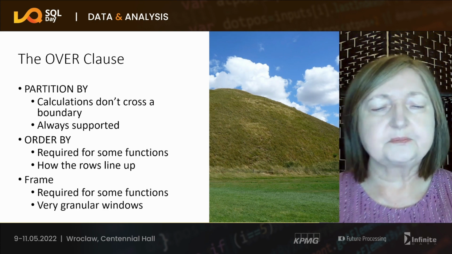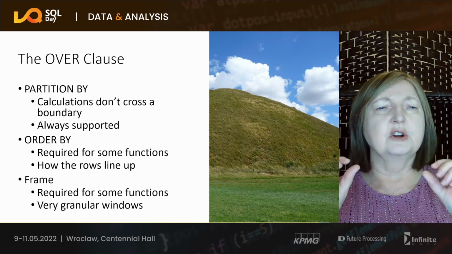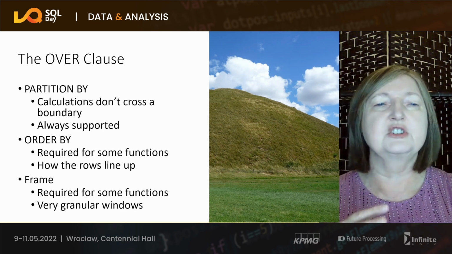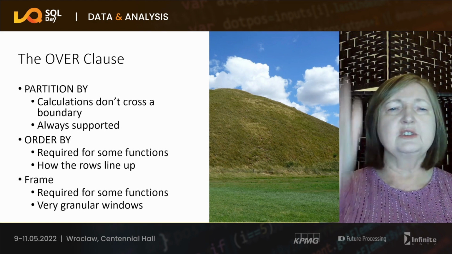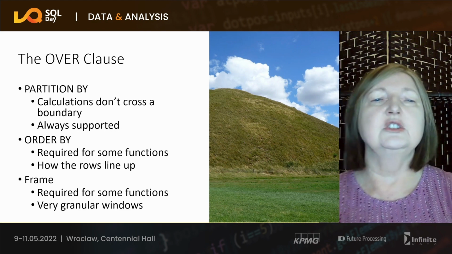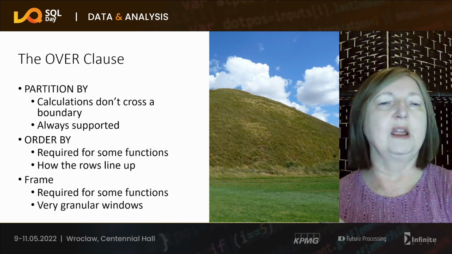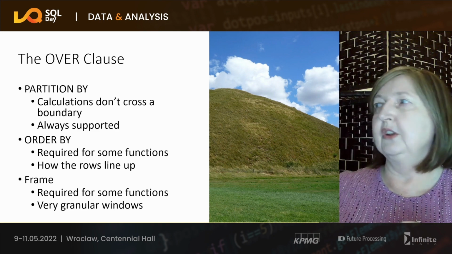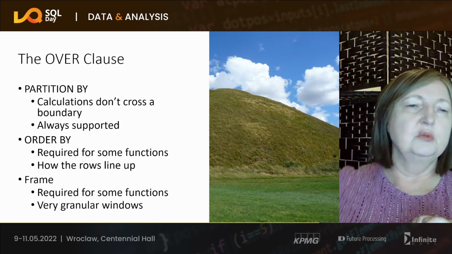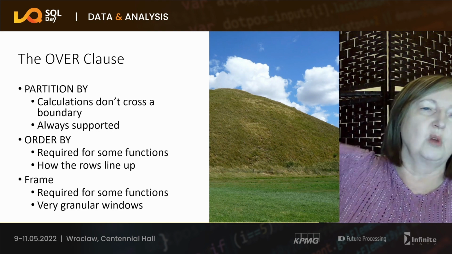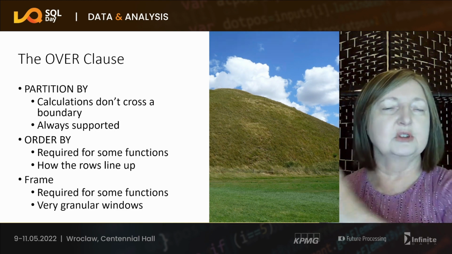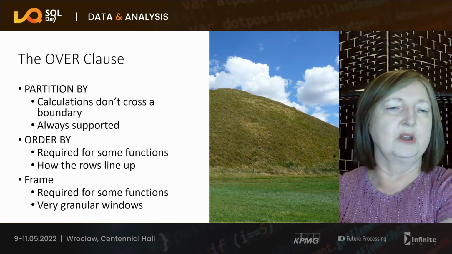This gives you very, very granular windows. So I think of PARTITION BY as a window in my house that's divided up into separate window panes. I have a window next to me. It's got two different panes that I can look through, but I think of it all as one big window, but I can also think of each little pane as a window.